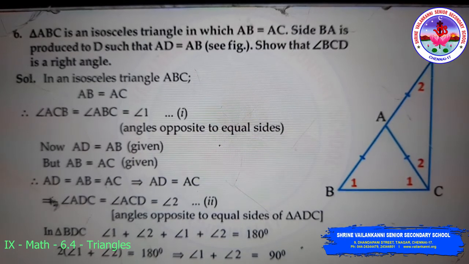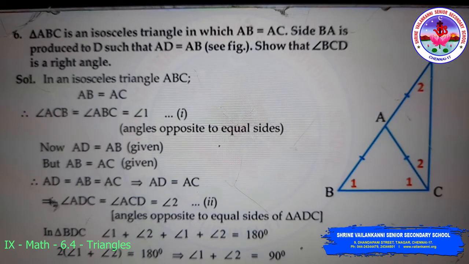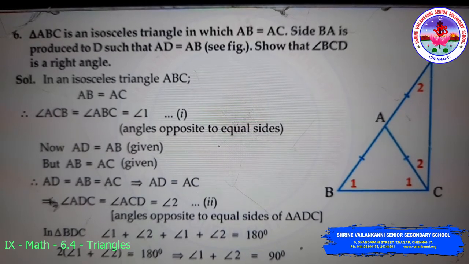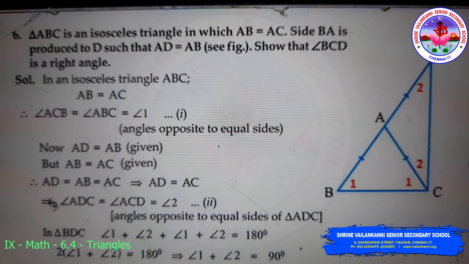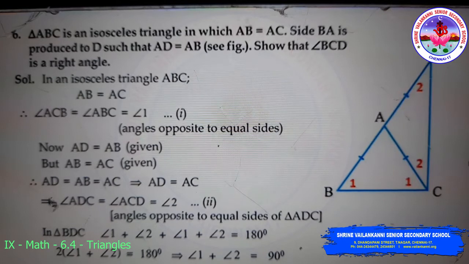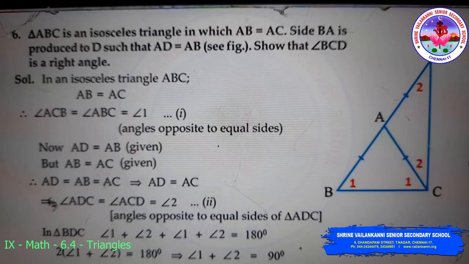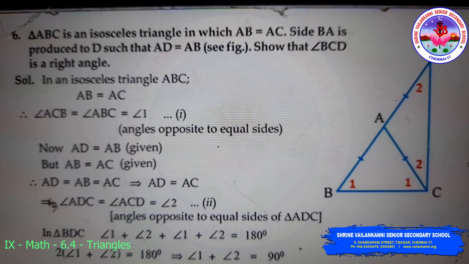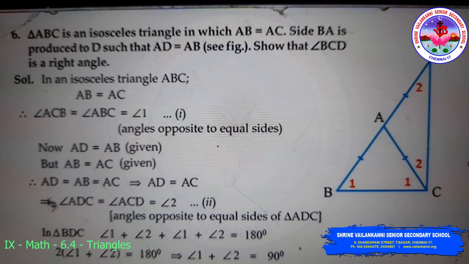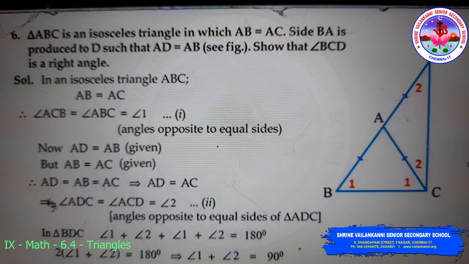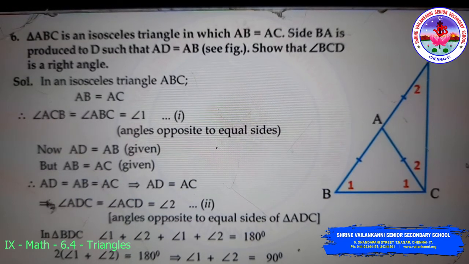I am calling each angle 1. So I am writing angle ACB is equal to angle ABC, which is equal to 1, calling this equation 1. Now it is given in the statement AD is equal to AB, but we know that AB is equal to AC. So I can say that AC is equal to AD.